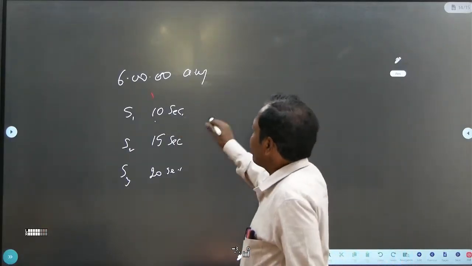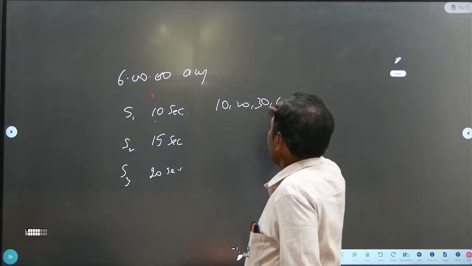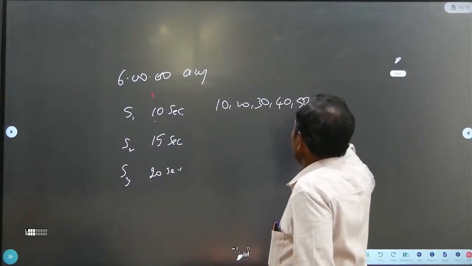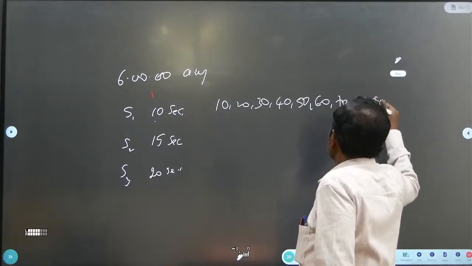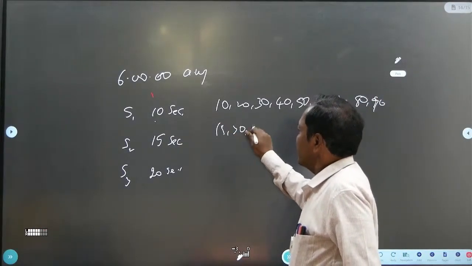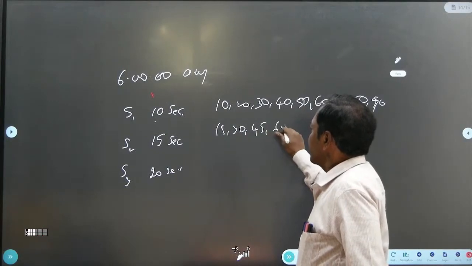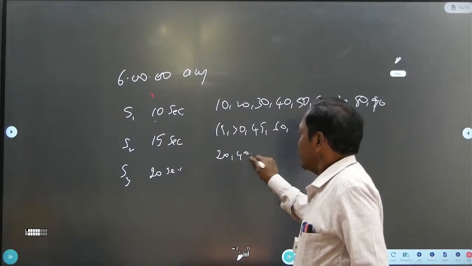What are the multiples of 10? Like 10, 20, 30, 40, 50, 60, 70, 80, 90 like that. 15: 15, 30, 45, 60. 20: 20, 40, 60.